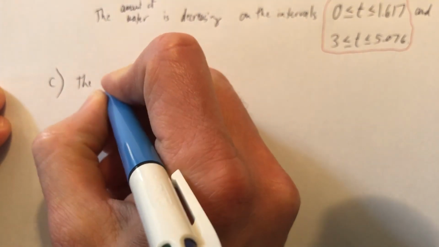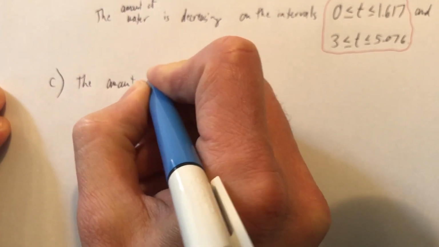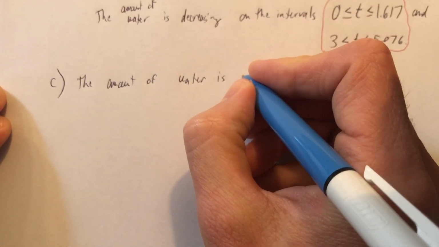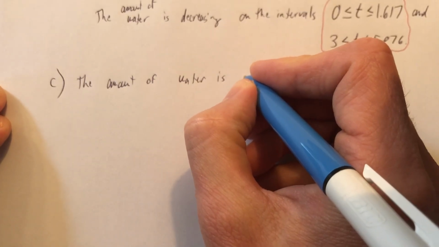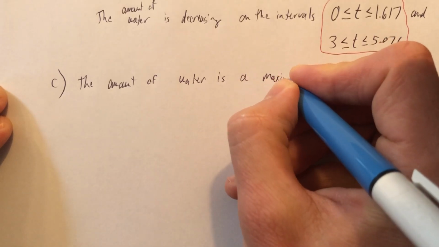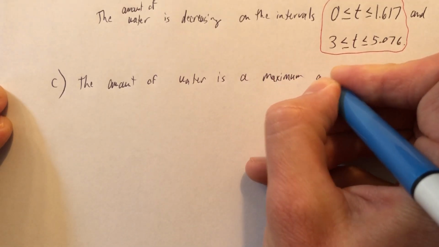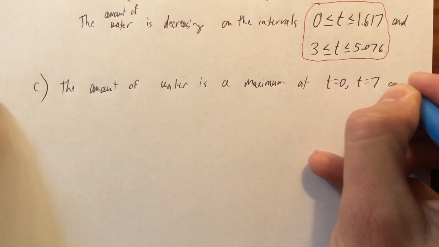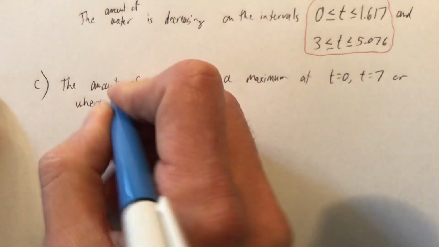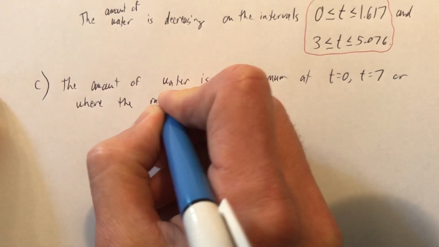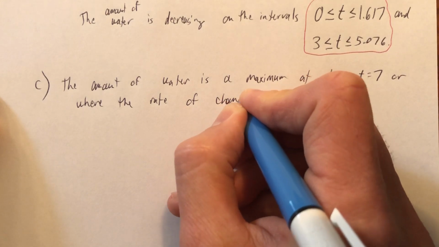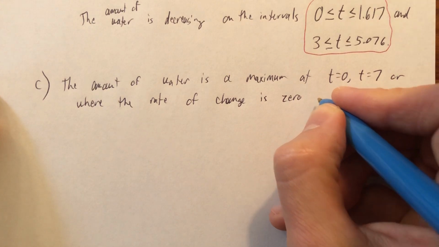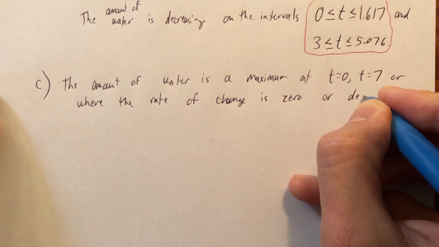The amount of water is a maximum at t equals 0, t equals 7, or where the rate of change is 0 or doesn't exist. And we'll explore that.